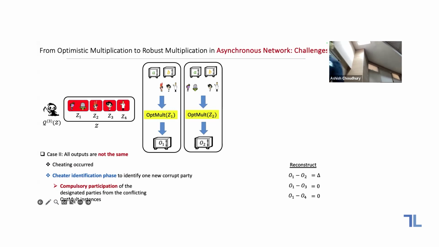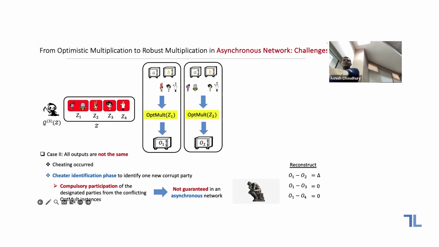But now in the asynchronous model, the challenge is that once the optimistic multiplication instance is done, you identify that cheating has occurred, and then you start the cheater identification phase, the corrupt parties remain silent. They don't turn up to reconstruct or open up the values that they have secret shared. And then you are stuck because you are not able to identify any corrupt parties.